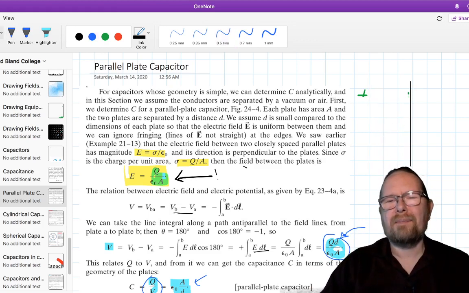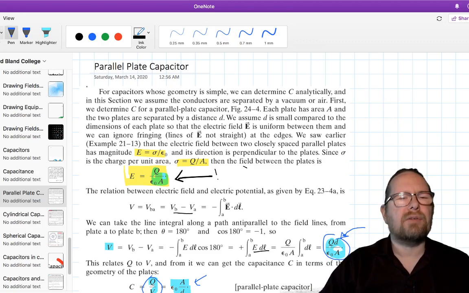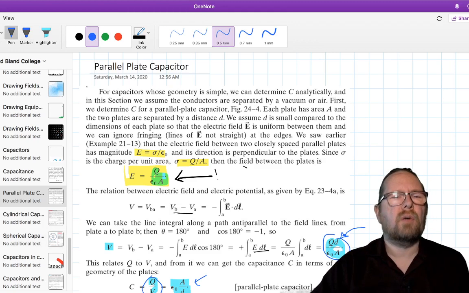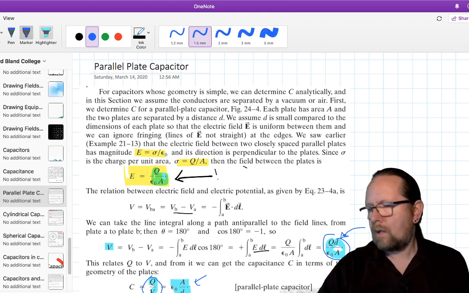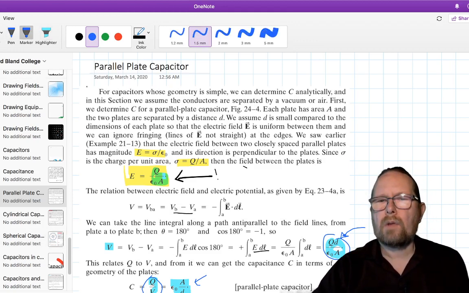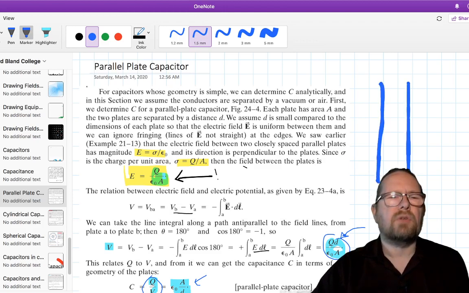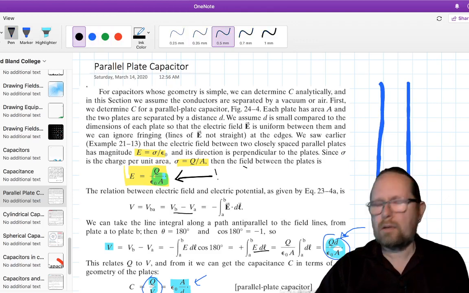You've got a parallel plate capacitor with a charge plus Q on one side, minus Q on the other side. Let me see if I can draw this over here. Okay, let me switch back to the narrow pen.